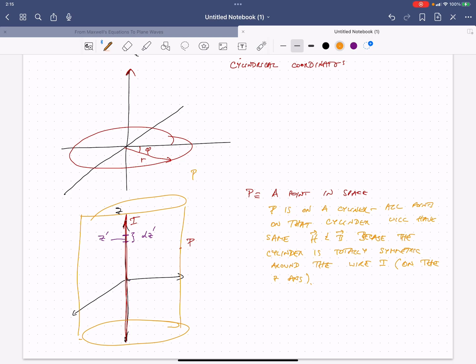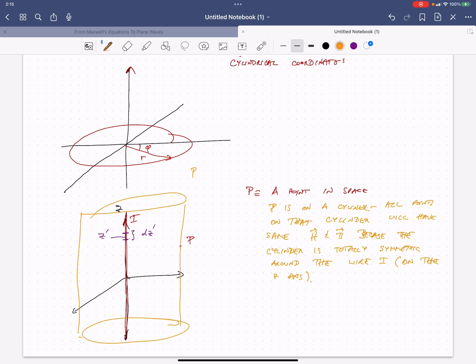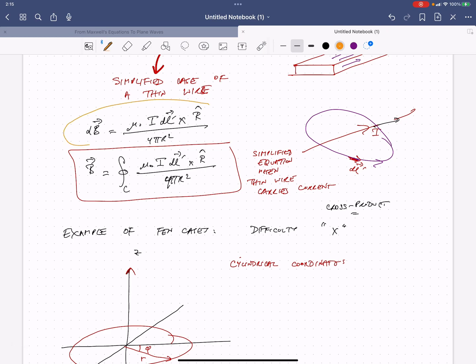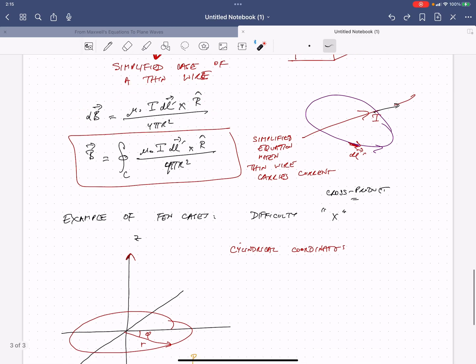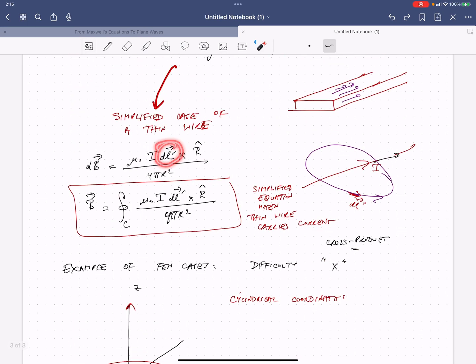Okay, so in that case, what we're trying to do is figure out the effect, going back to the Biot-Savart law and this increment. We're trying to figure out the magnetic field at this point P caused by the small increment dl coming from the current.